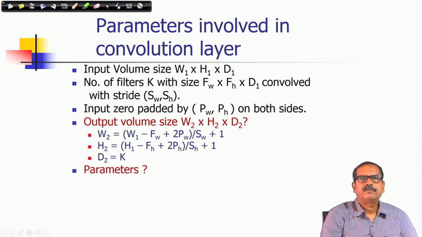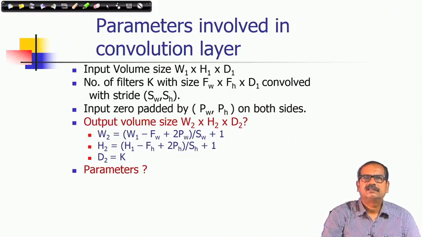And what could be the number of parameters? The parameters involve the weights of the filters, and since the size of the filter is Fw cross Fh cross D1, that many weights should be there. So, it is Fw cross Fh cross D1, and if there are k filters, you have to multiply with k.